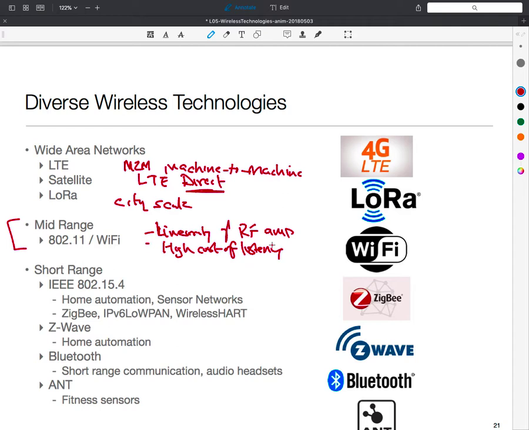And a third problem with these radios is startup time. This is something we saw on processors also, when I talked about processors being put to sleep and being woken up. For that process to be efficient, it's very important that we be able to wake up the processor very rapidly. Same thing with radios. If we are going to put the radio to sleep, then we should be able to wake it up very rapidly.